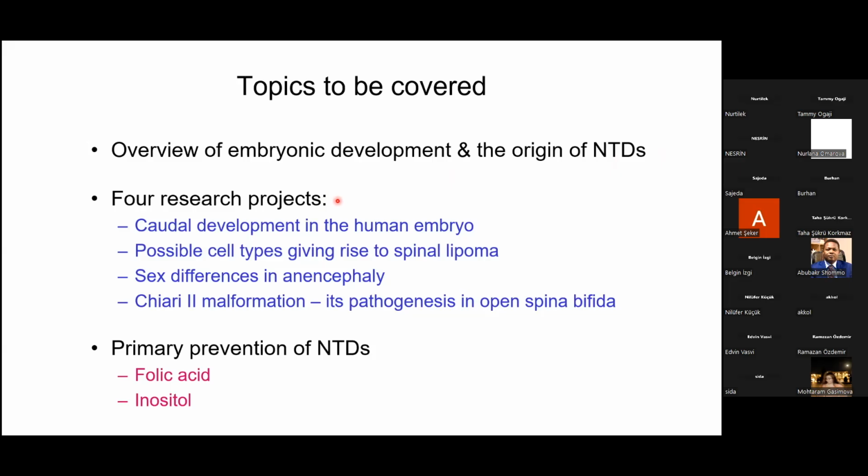These are progressing towards publication, but only in one case have we actually got a publication out, which is on the first one. The others are all in progress. And then finally, I'm going to just say a little bit about primary prevention, because the story with folic acid is very interesting, and we have a second agent, second vitamin-like substance, inositol, which has been already in clinical trial in pregnancy.